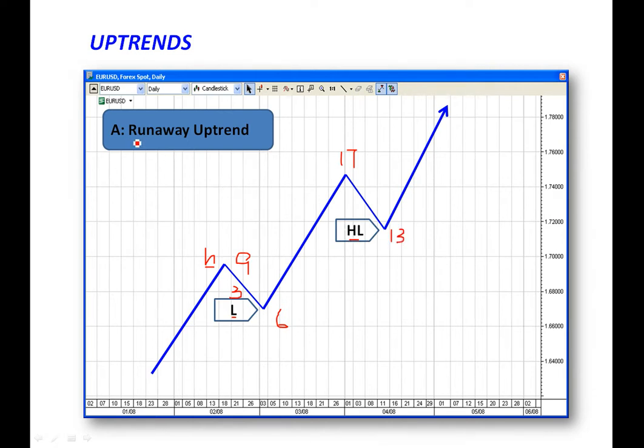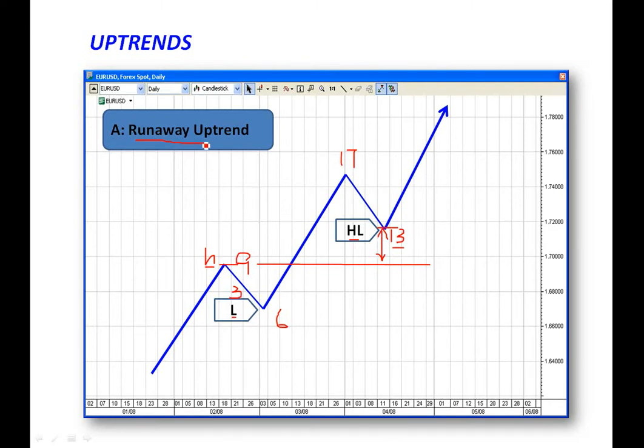As you can see here, the price of the higher low and the high is not even anywhere near. From this $13 to $9 over here, there's a huge price differential.